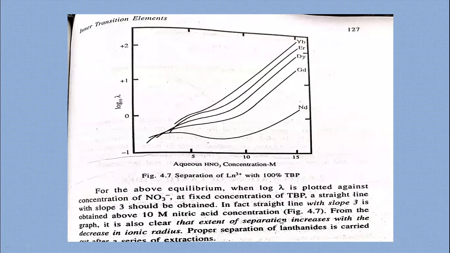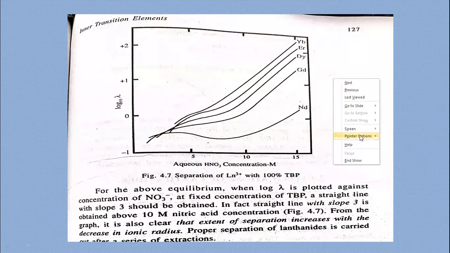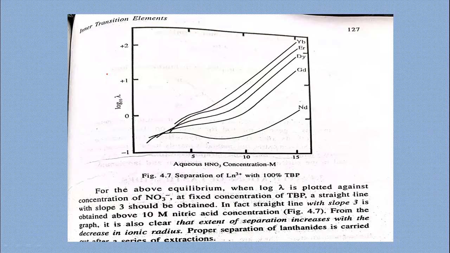So when we plot the graph of lambda versus concentration of the nitric acid, according to this equation, let us write it once again. Lambda is equal to K into the concentration of nitrate ion, nitric acid, multiplied by the concentration of TBP, tributyl phosphate.